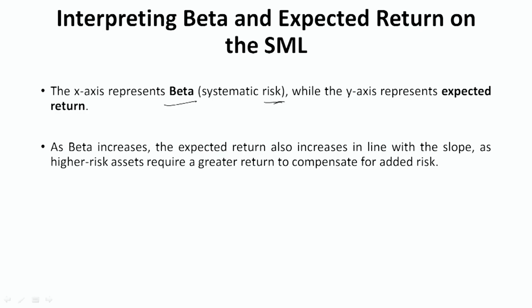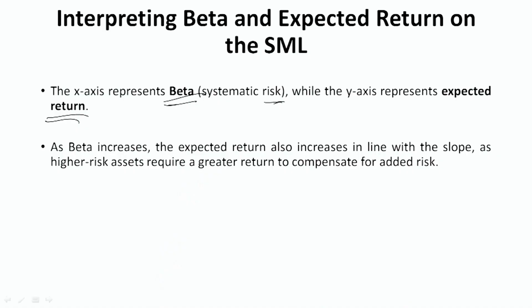So the risk I have considered over there is nothing but the beta, and the y-axis talks about the return you are going to get. So we are trying to classify the risk into systematic and unsystematic parts, and in the CAPM model and in the SML graph, we are going to depict only the systematic risk. We are not going to consider the unsystematic part over here.